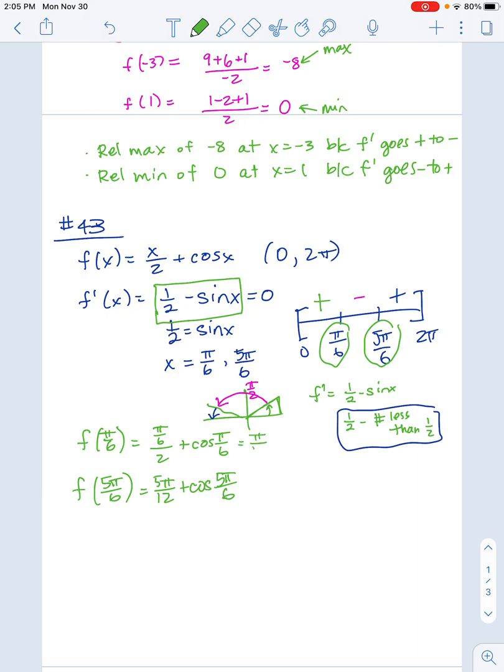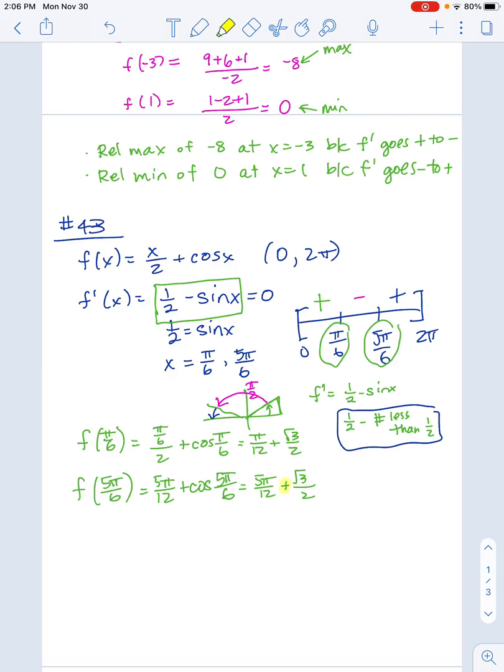Let's see, this is pi twelfths plus, this must be root 3 over 2, and this is 5 pi twelfths plus root 3 over 2. Oh, that's probably minus, right? Because we're in the third quadrant.